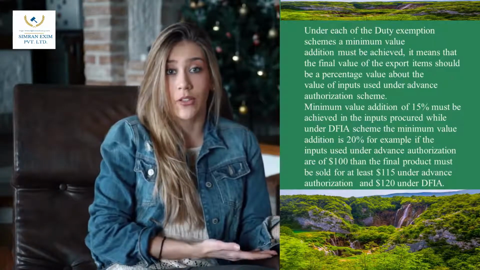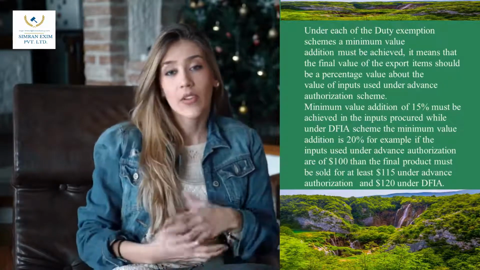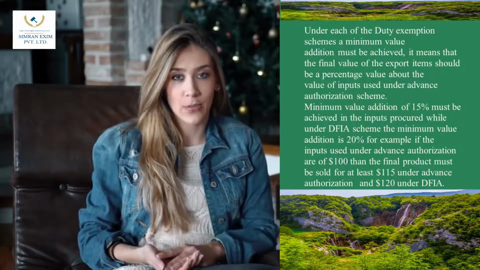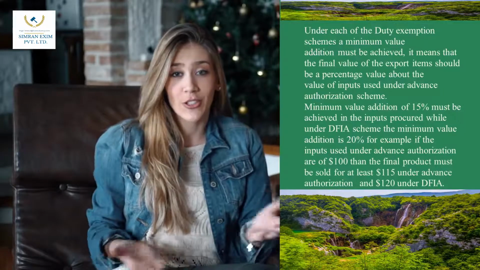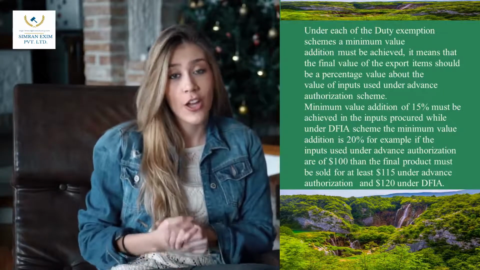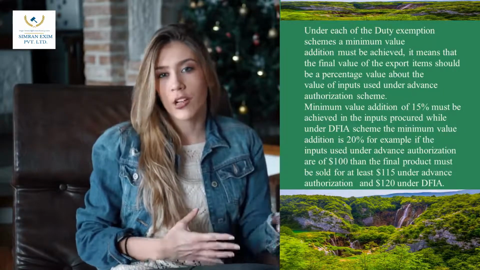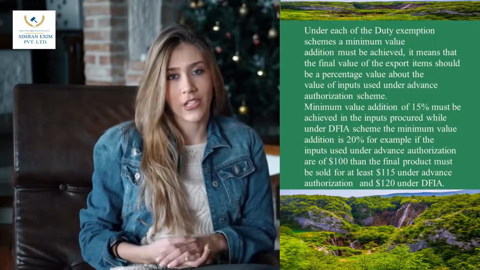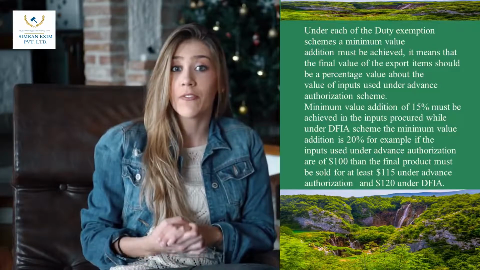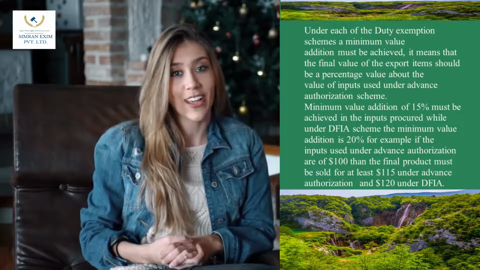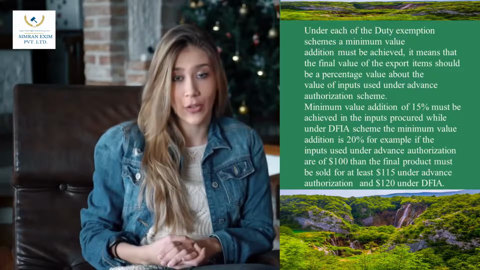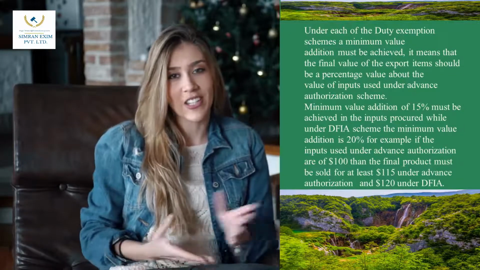Under the advance authorization scheme, minimum value addition of 15% must be achieved in the inputs procured, while under the DFIA scheme the minimum value addition is 20%. For example, if the inputs used under advance authorization are $100, then the final product must be sold for at least $115 under advance authorization and $120 under DFIA.